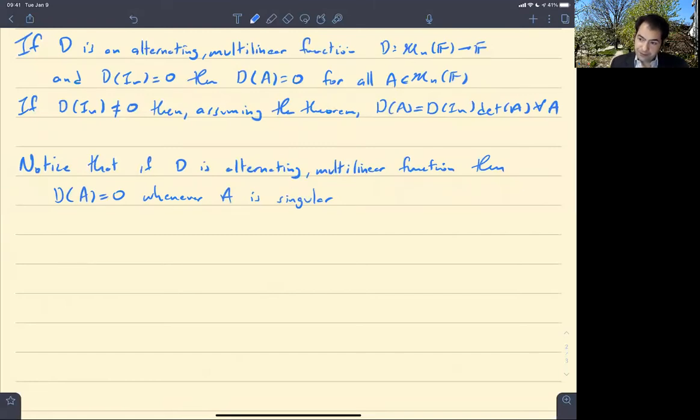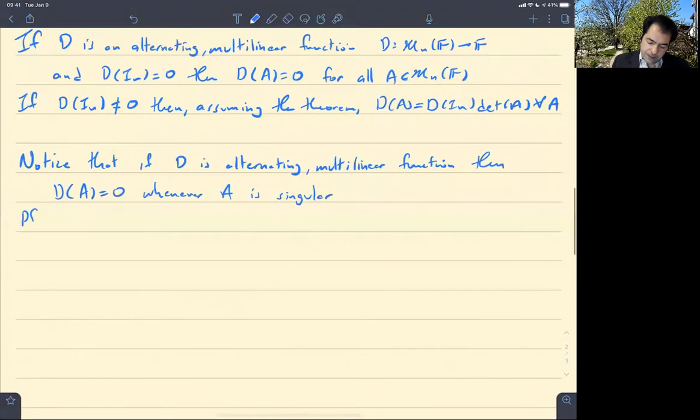So if A is not an invertible matrix, then it's in the null space of any alternating multilinear function.